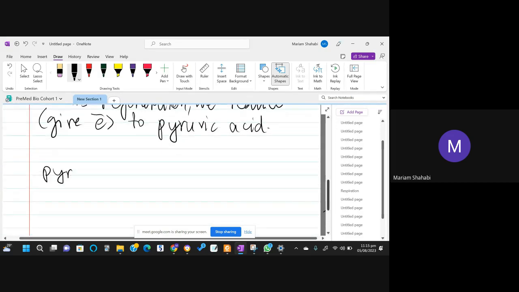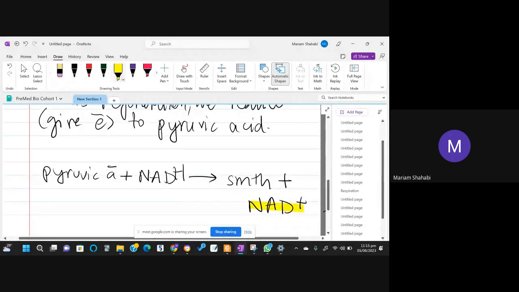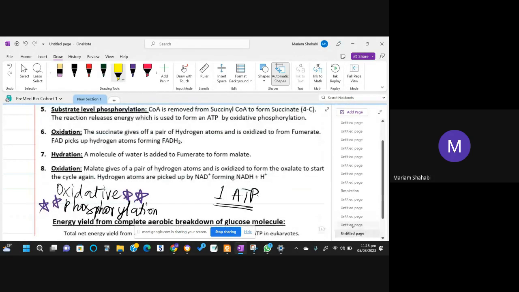So what pyruvic acid will do is, pyruvic acid plus NADH will give you something. It will give you a product, the product of fermentation, and it will give you your electron carrier back. हमें इसी से गर्ज है बस, ये वापस चाहिए. ये दो तरीकों से वापस आ सकता है, या तो अल्कोहलिक फर्मेंटेशन से आएगा या लैक्टिक एसिड फर्मेंटेशन से आएगा. Let's study both.